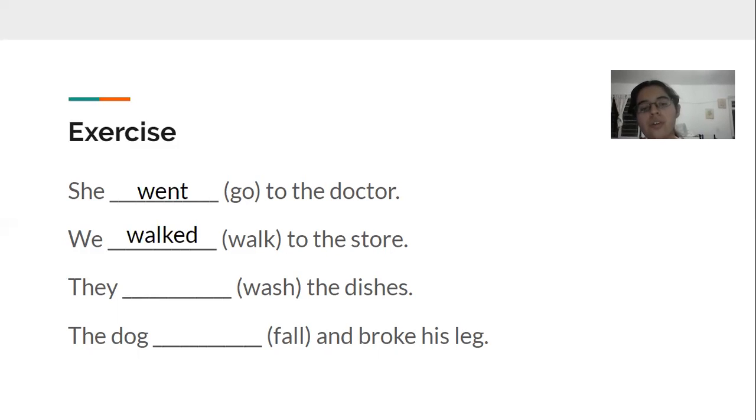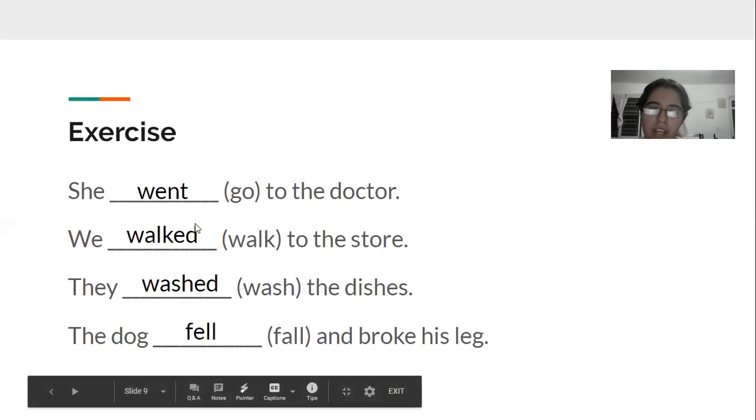We walked to the store. The third one, they, the dishes. Wash. What's wash? Wash is washed. And the fourth one is the dog and broke his leg. Fall. What's fall? In past it's fell.